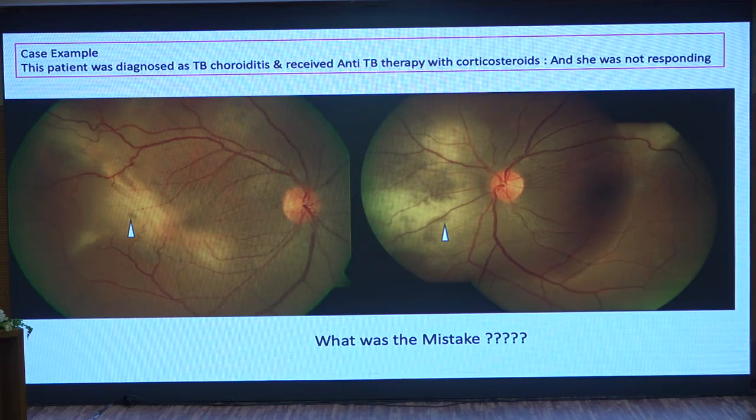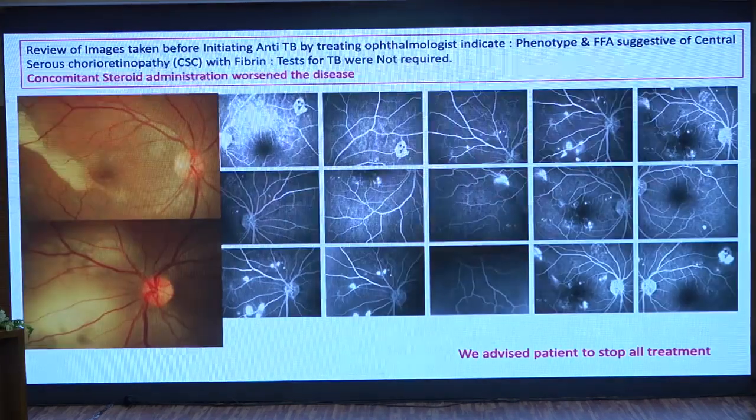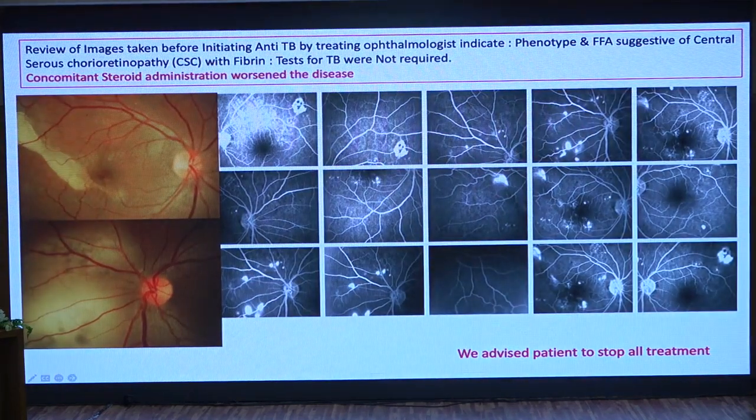So I asked the patient to show me the first photographs which were taken. This is the review of the images which the first person had taken. Now look at this. This is a subretinal deposit. This is neither retinitis nor choroiditis because it is going in a linear fashion, and this is the left eye.